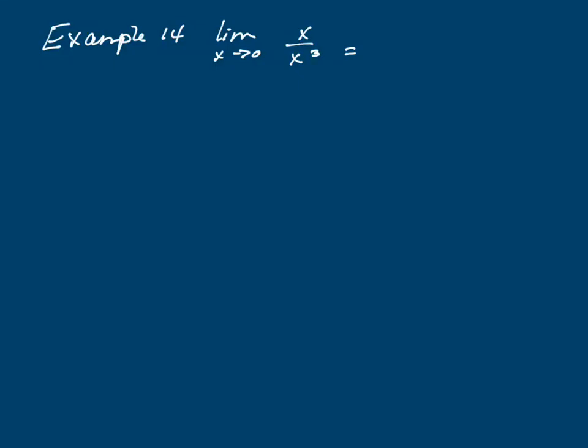Okay, example 14 has the limit as x approaches 0. You would simplify this to be 1 over x squared, and you're still going to get a 0 in the bottom. And so what do you do?